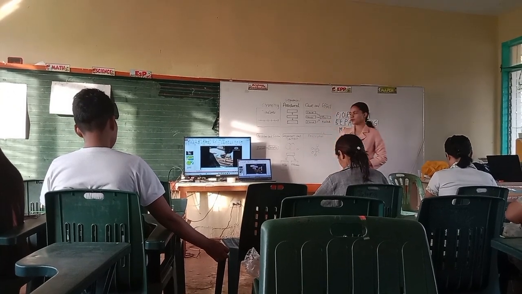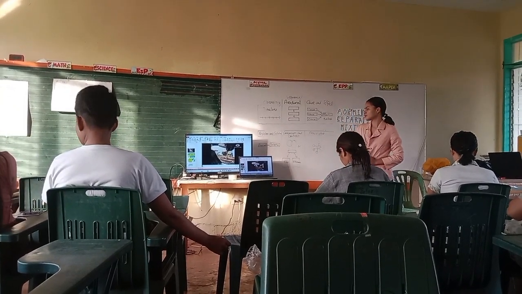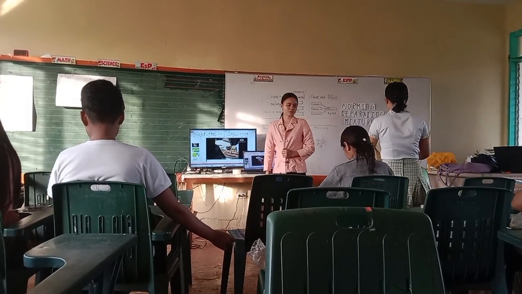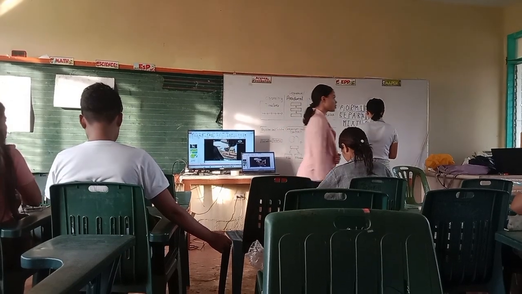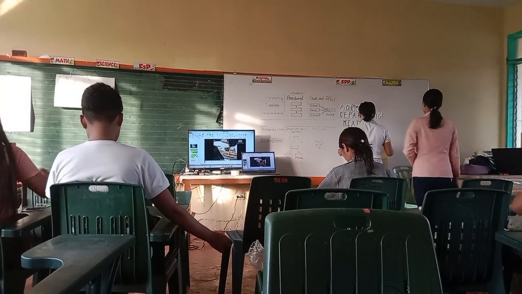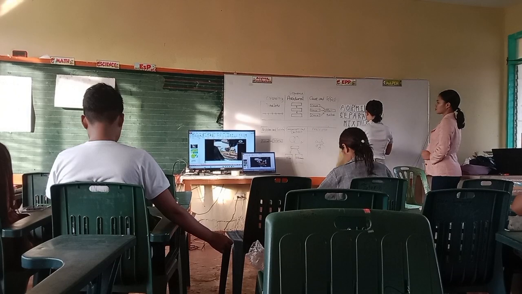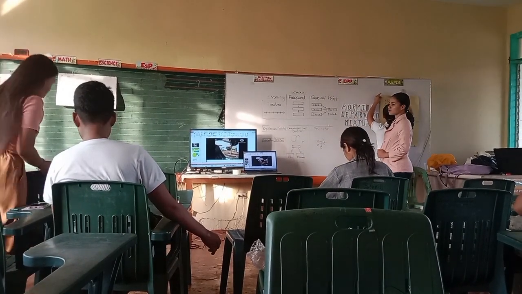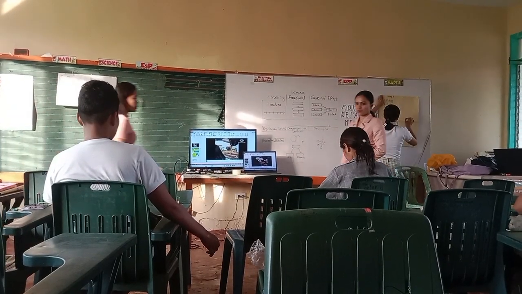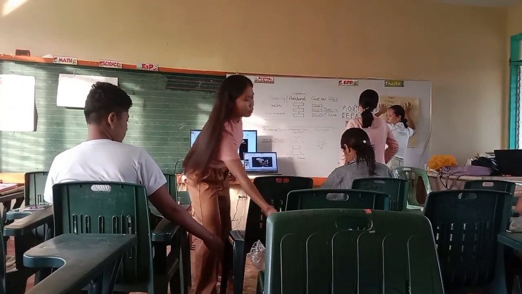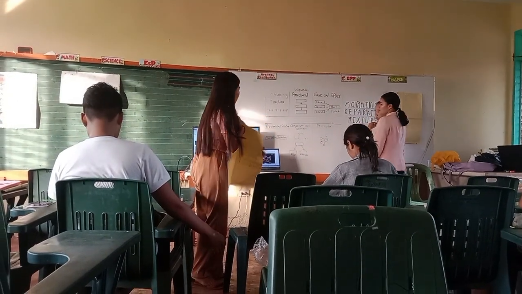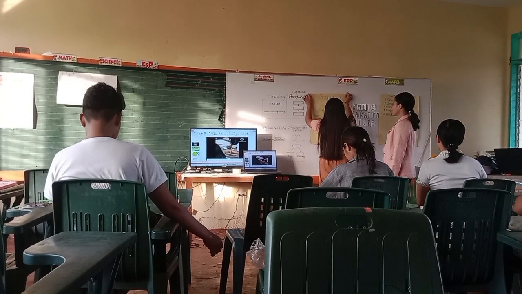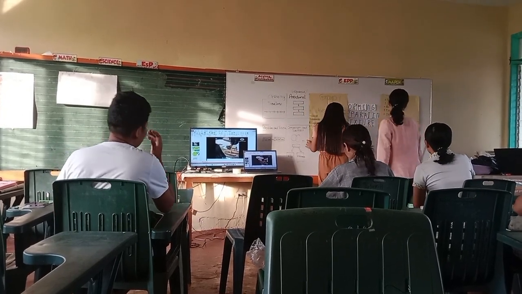Okay, group 1 and group 2, you may now place your work on the board. And don't forget to choose one representative to read your answer in the class. Group 1, who was your representative?